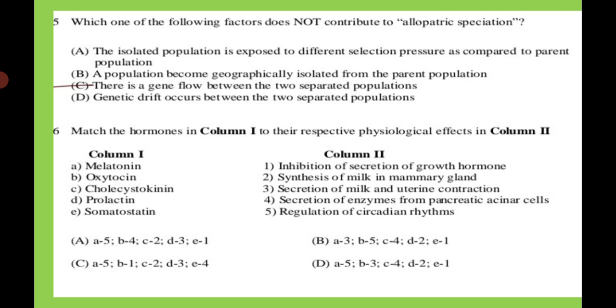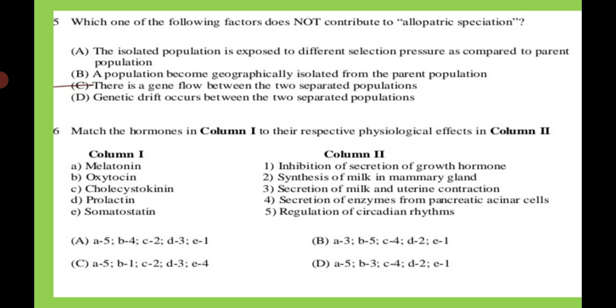It is released by the small intestine during digestion. It is sometimes called pancreozymin. Cholecystokinin stimulates the gallbladder to contract and release stored bile into the intestine. So its function is the secretion of enzymes from pancreatic acinar cells.